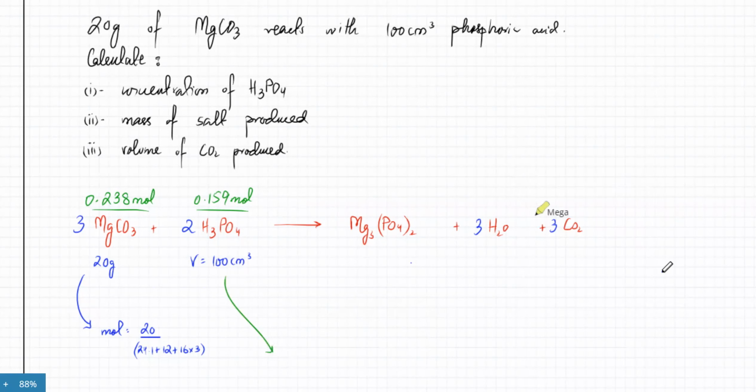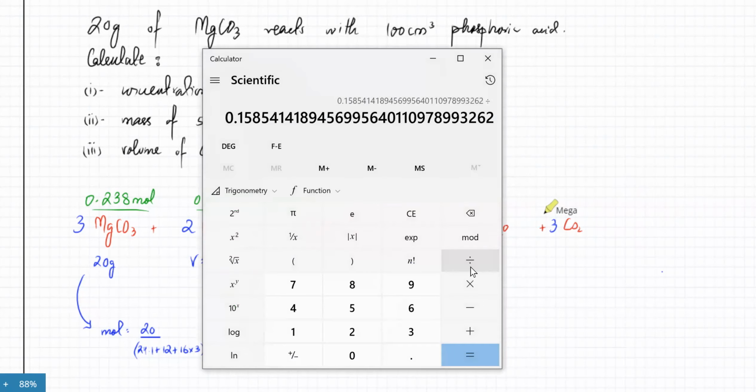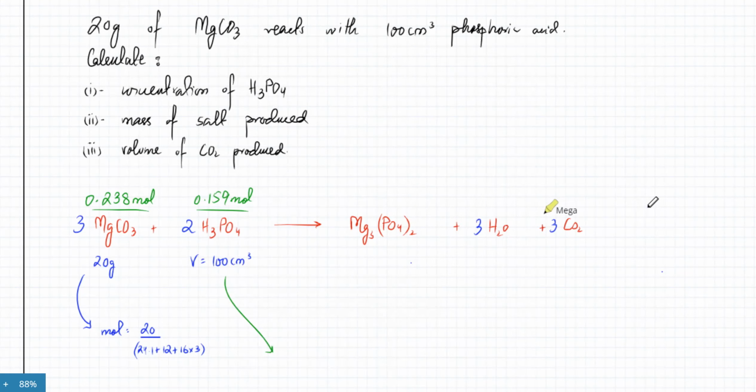Moles of salt. So it's going to be 0.59 divided by 2 into 1. So divide by 2 and we get 0.0793 moles for this.